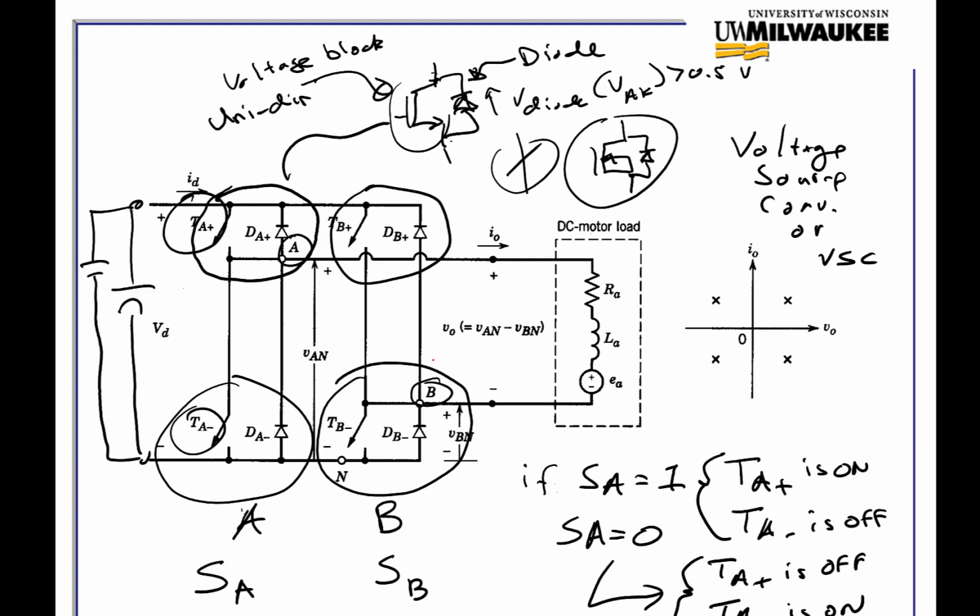Now this converter can operate in all 4 quadrants, because it can operate with current flowing in this direction and a positive voltage. It could also operate with current coming the other direction with a positive voltage.